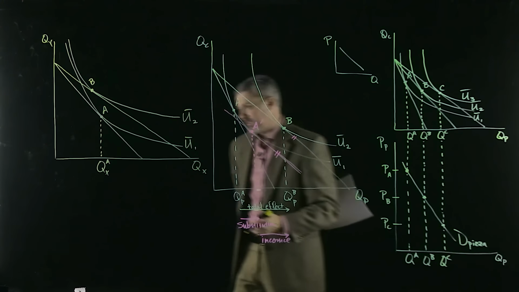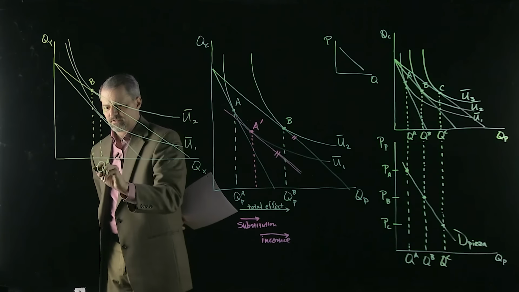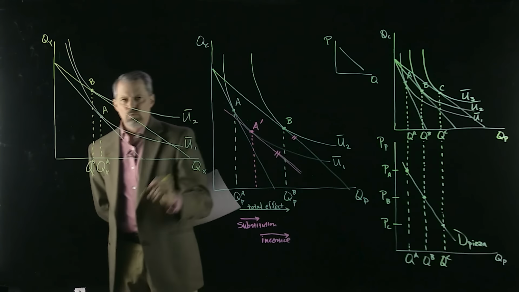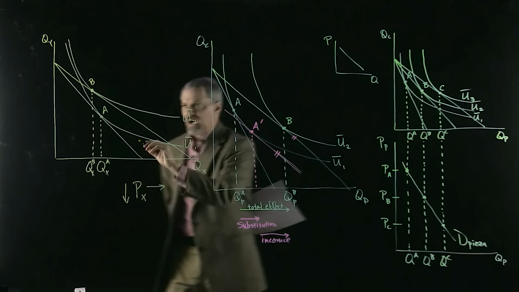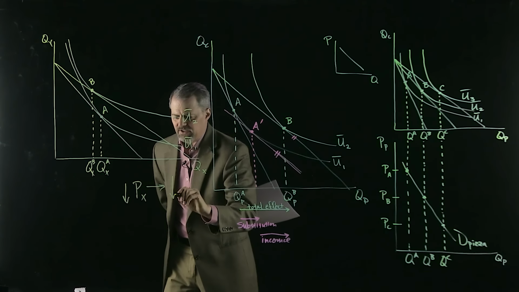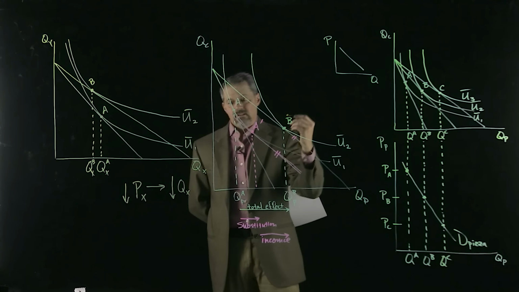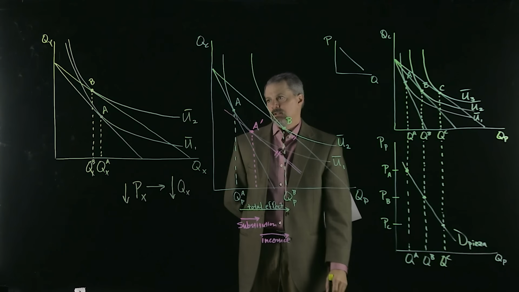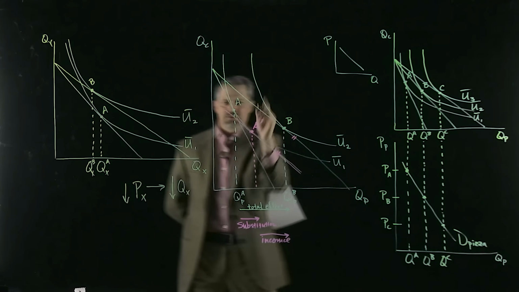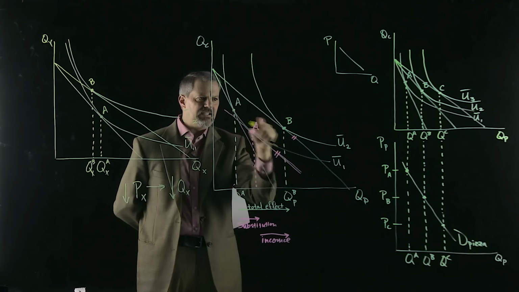Now, notice this. Here's the quantity of good x at point B. We had a decrease in the price of good x, and in my picture that led to a decrease in the quantity demanded of good x. That's an upward sloping demand curve. So notice A and B, B is to the right of A in this picture.